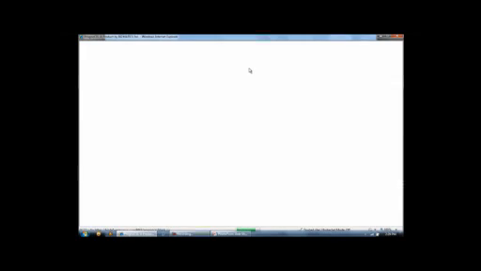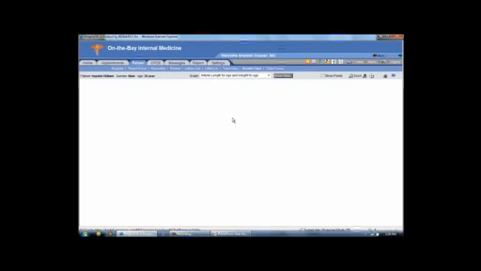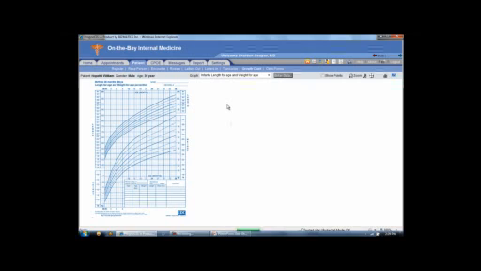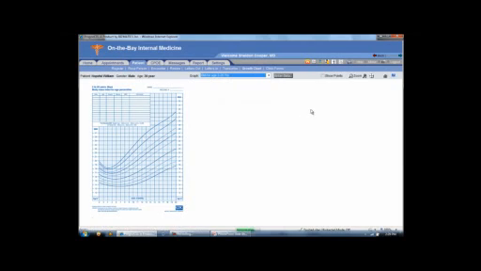Now, for the patient I have up, it is an adult patient, so the growth chart would not be applicable. But the way the system functions is that if you have entered those vital signs on your template and saved them, notice here when I choose my chart in the drop-down, whichever chart is applicable, for instance, body mass index is a requirement, you can click this option that says show points.